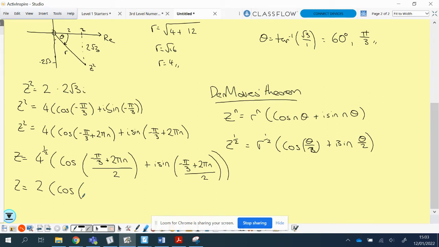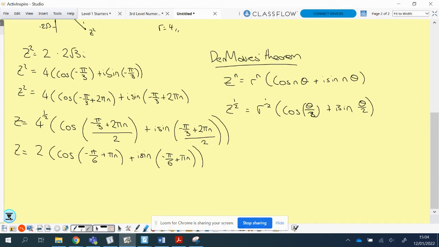Divide both things by 2, so I'm going to get negative pi over 6 plus pi n. Plus i sine negative pi over 6 plus pi n there. Okay with that step, so just tidy that up.